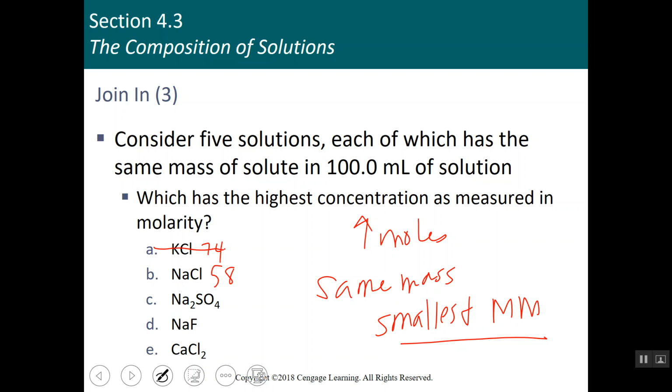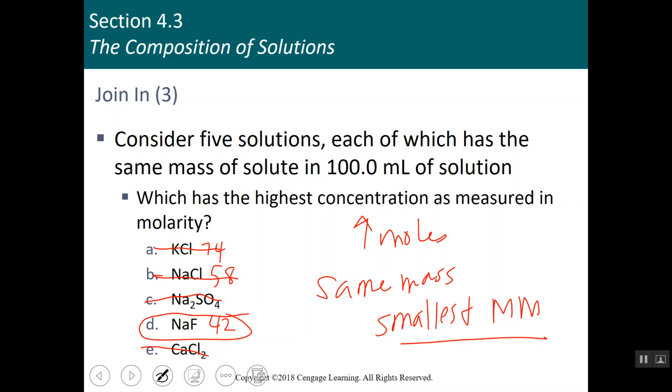So we know that one's out. 2 sodiums would be 46, plus a sulfur would be 78, so we know that one's out. 23 and 19 would be 42, so we're down to that one. And then 2 chlorines would weigh about 70, so we know that one's out. So our correct choice on that one's going to be sodium fluoride, because it has the smallest molar mass.